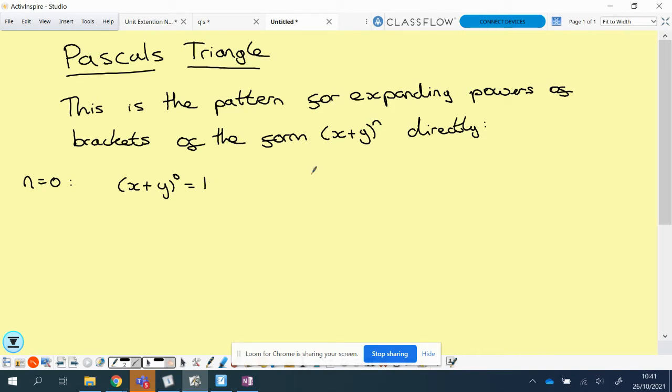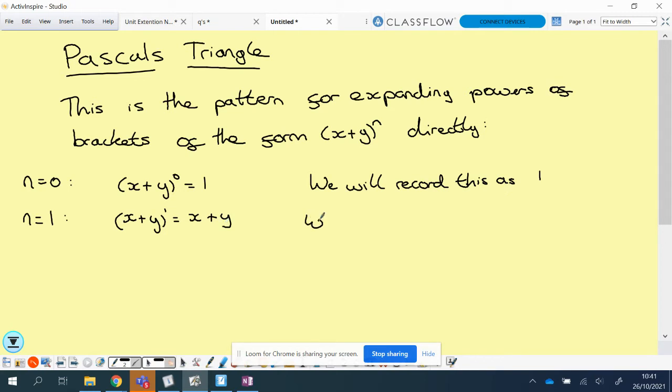So we will record this as just 1. You may think that's a pointless statement, but you'll see why in a second. If I then go to when n is now 1, then I'm going to have x plus y to the power 1, which gives me x plus y.